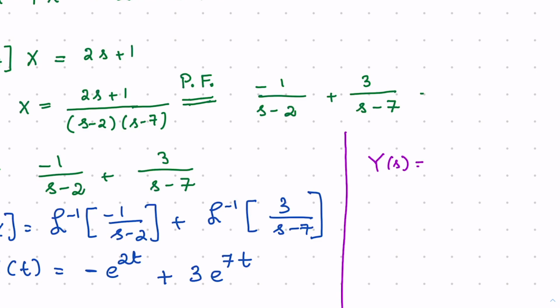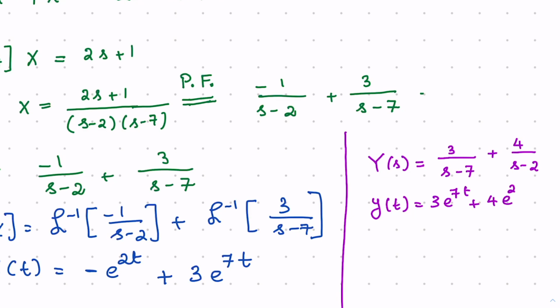Cap Y of s is going to be 3 over s minus 7 plus 4 over s minus 2, and if you apply the Laplace inverse, then the solution would be y of t equals 3e to the 7t plus 4e to the 2t, right?